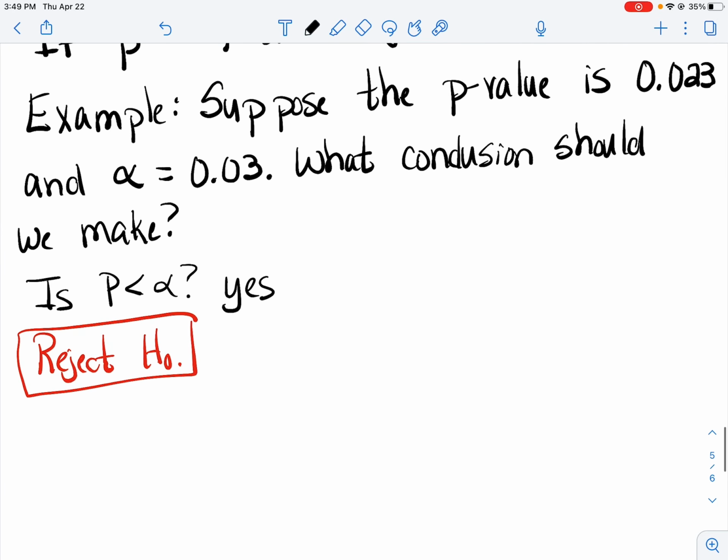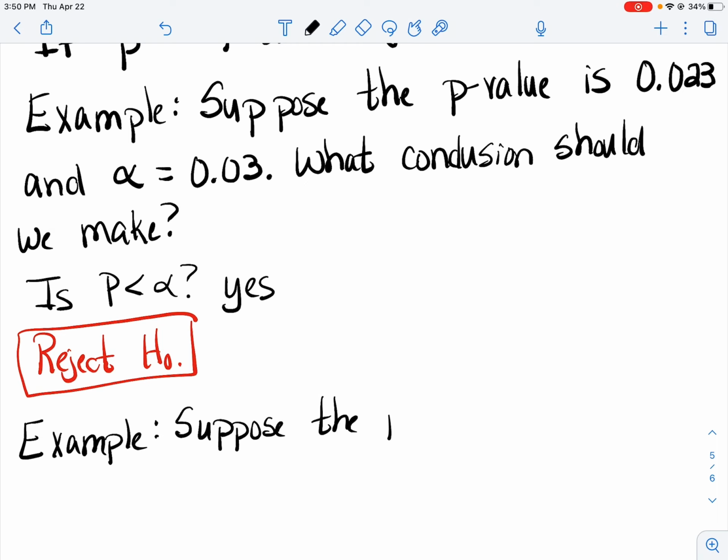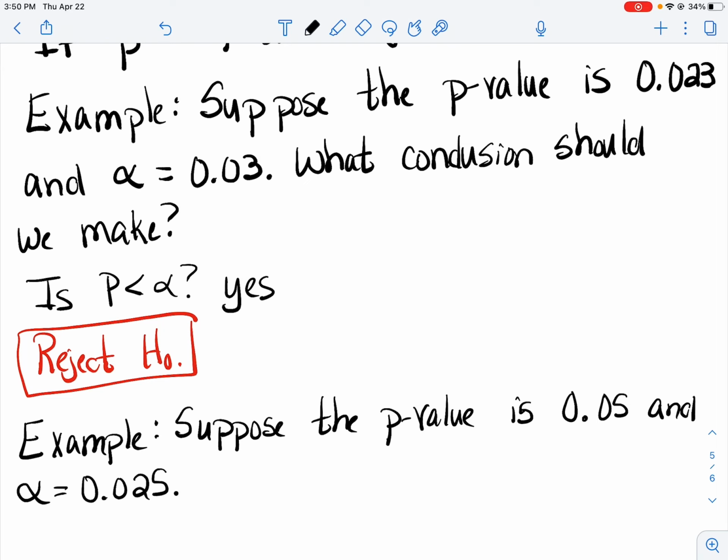Let's look at another. Suppose the p-value is 0.05 and alpha is 0.025.